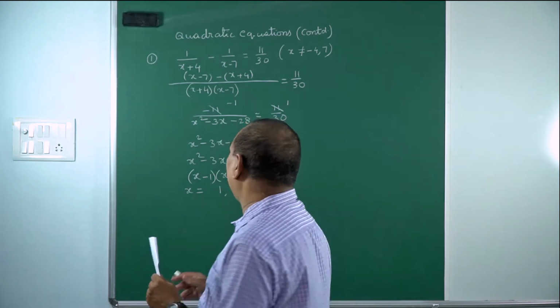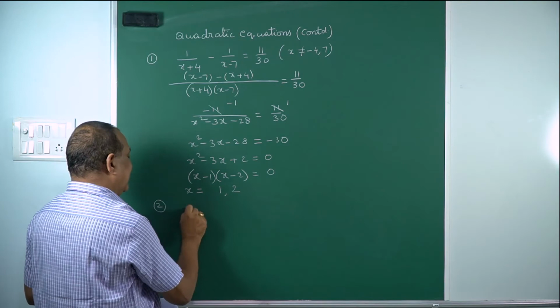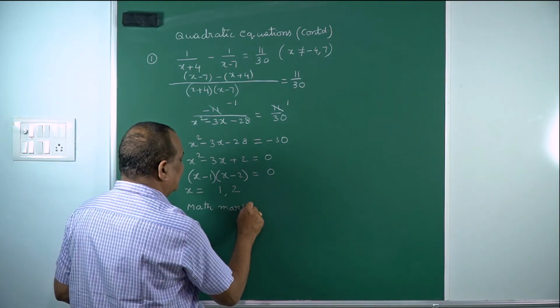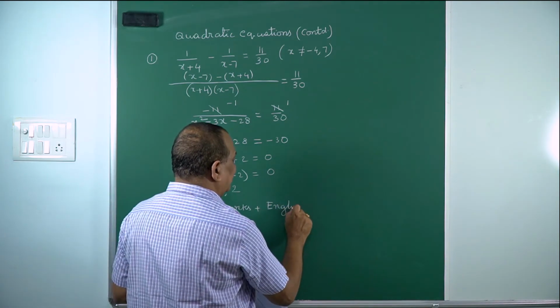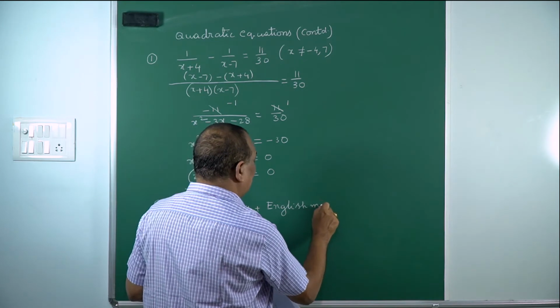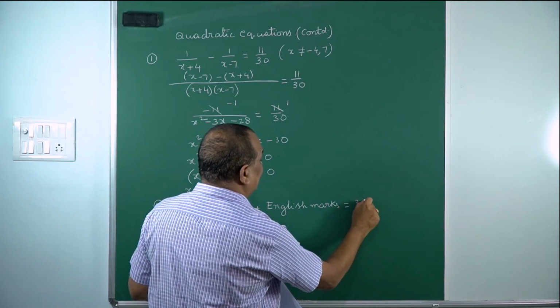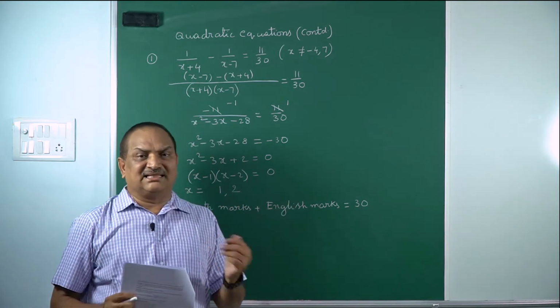That's what you should understand, of course. So my problem goes like this. Her math marks and English marks together are given as 30. So if one of them is x, the other one will be 30 minus x.